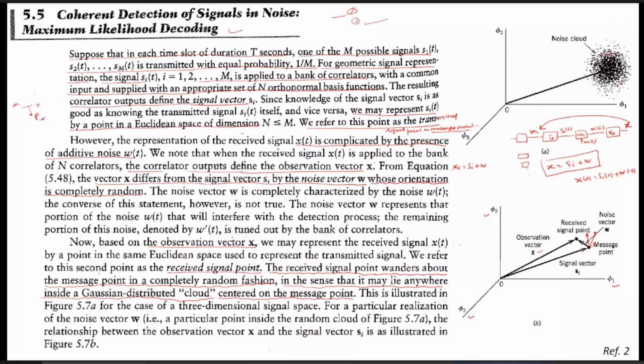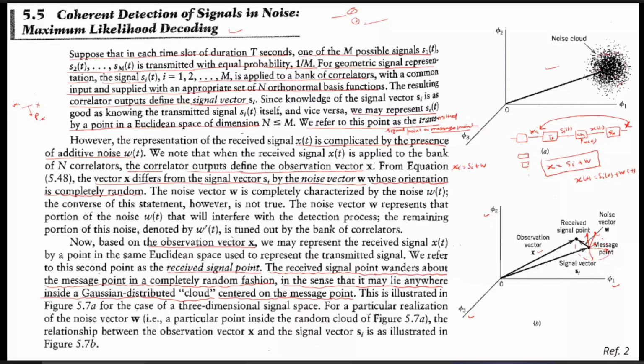It forms the noise cloud around the message point, which is given by the top figure. The message point is fixed, but the received point is the sum of the message point and the noise vector, and this noise vector is random, so it can roam anywhere in the noise cloud.